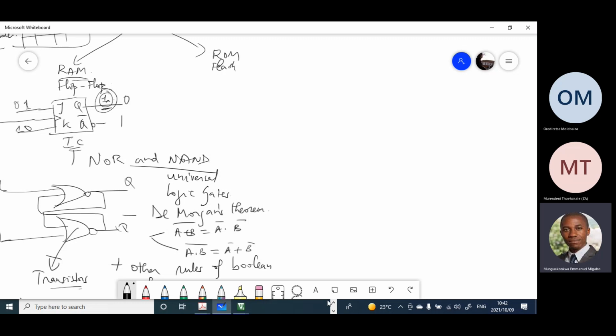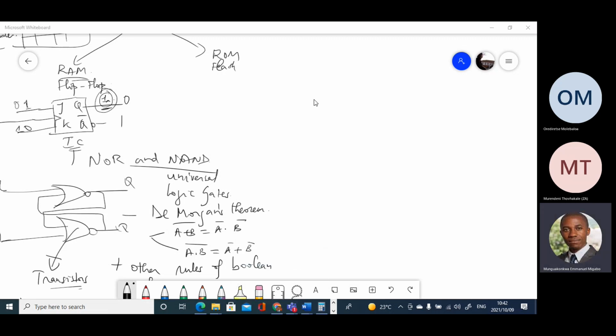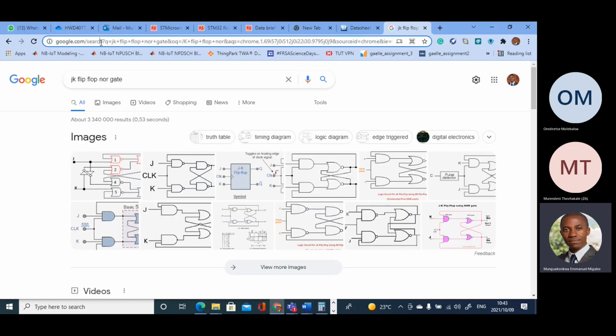Because ROM follows a different design. When it comes to ROM, one bit of ROM, flash being the most popular one. There are many techniques, but flash is the most popular. It's built up of a FET, a field effect transistor. Let me just recall the circuit.